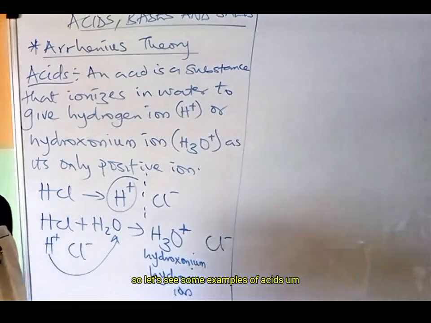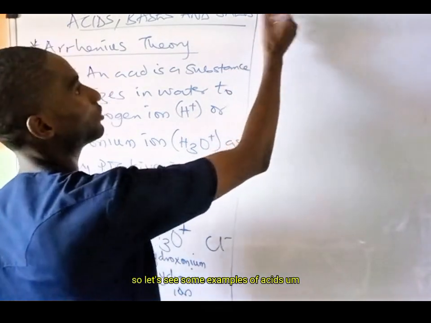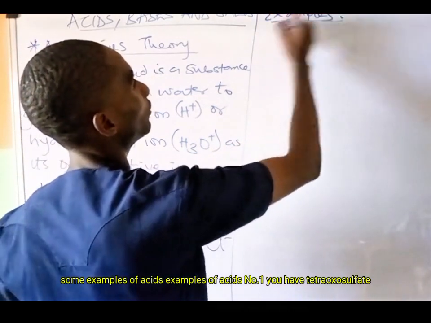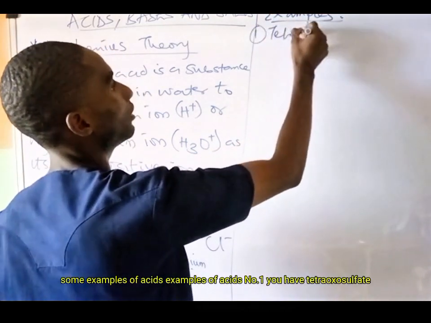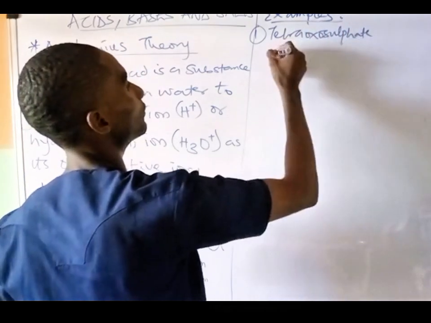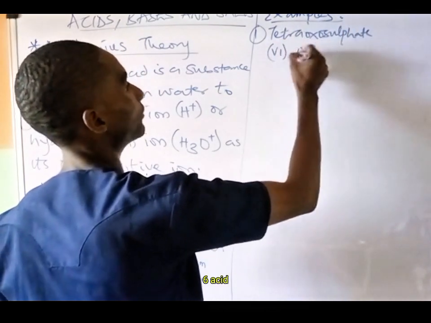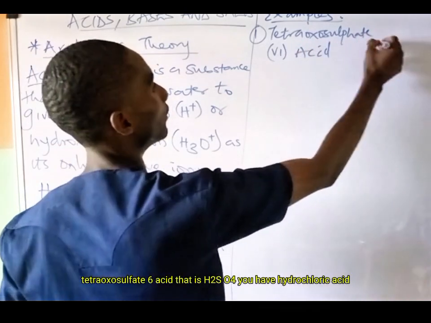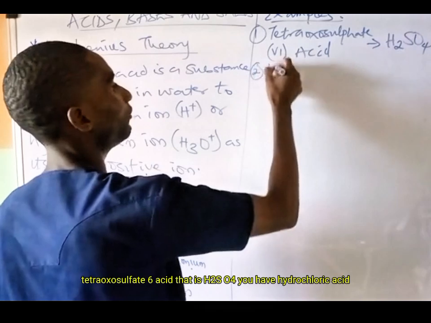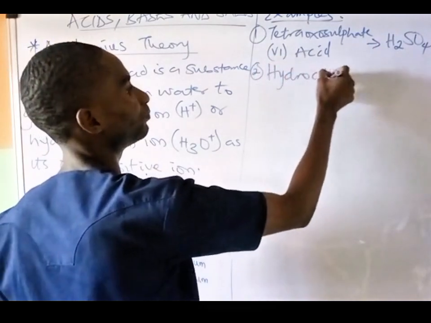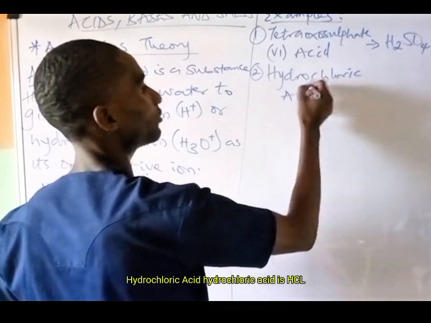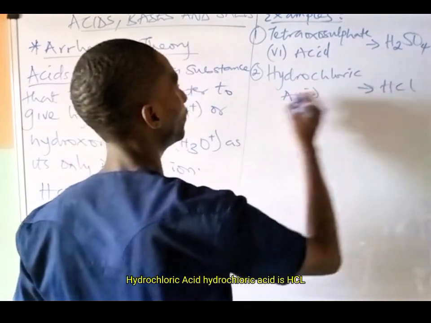So let's see some examples of acids. Number one, you have tetraoxosulfate(VI) acid, that is H2SO4. You have hydrochloric acid, HCl.